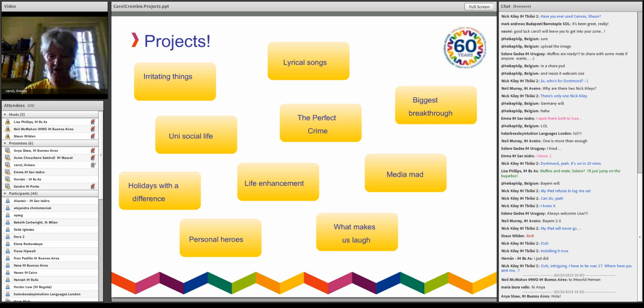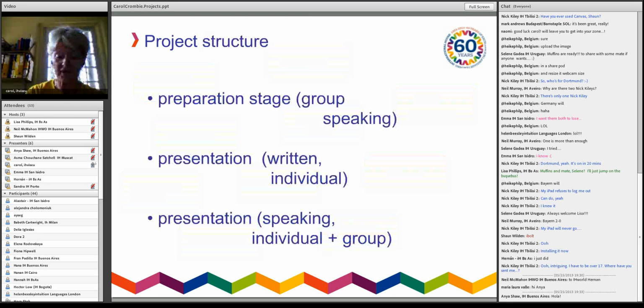So the topics, these are some of the projects that we've got on the go at the moment. As you can see, nothing too surprising there, really. But it's what you do with them that hopefully gets some interest going. Our projects follow 3 key stages, namely a preparation stage and 2 parts of a presentation stage.